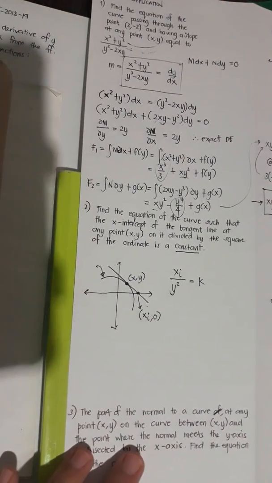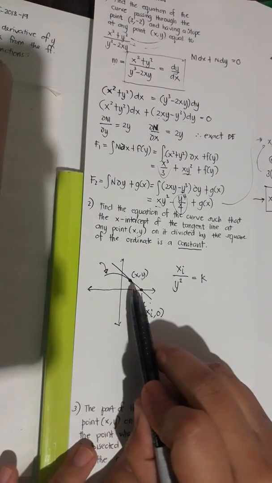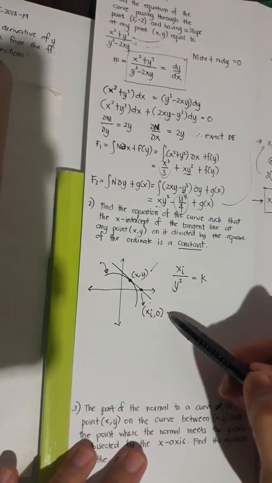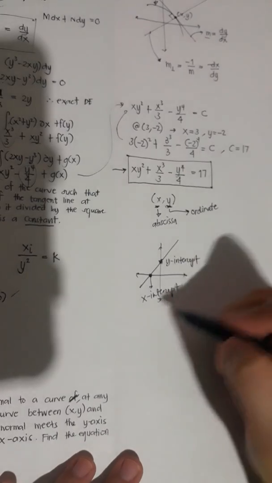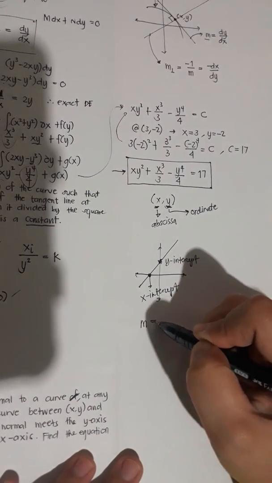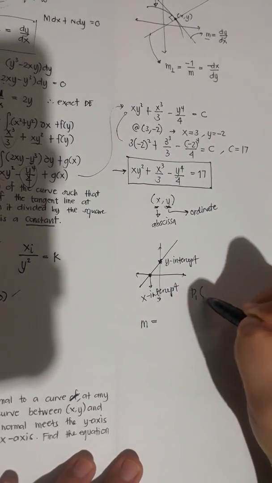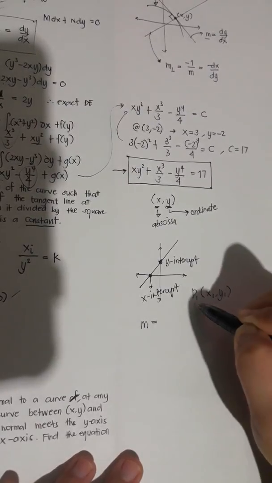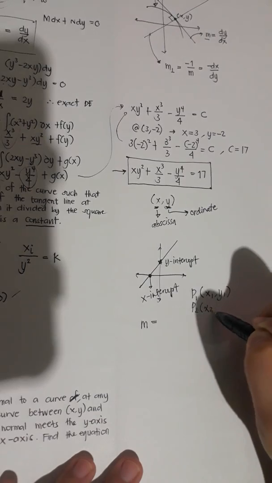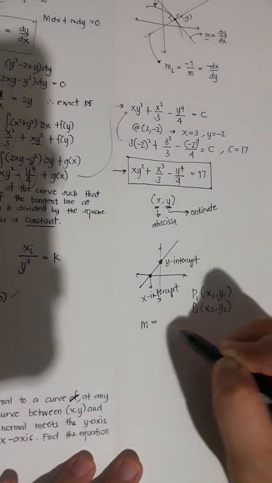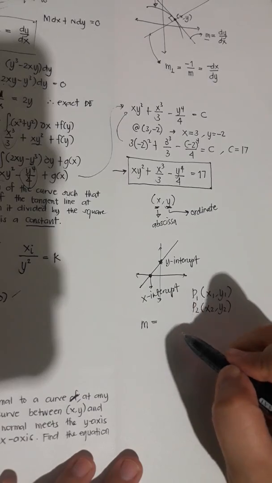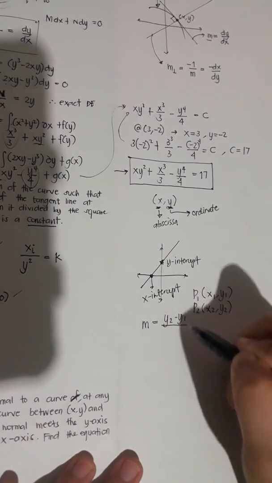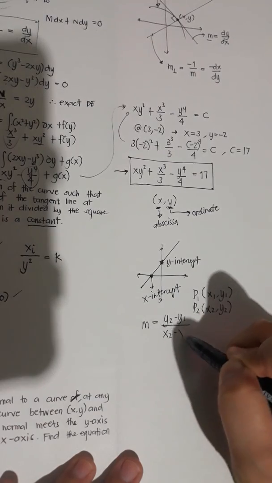Alright? So we have 2 points in this figure, this point and this point. Now remember, for the slope of a line, if we have 2 points P1, which has the coordinates x1, y1, and P2, which has the coordinates x2, y2, the slope of the line is y2 minus y1 over x2 minus x1.